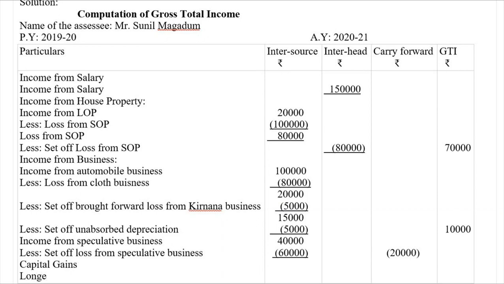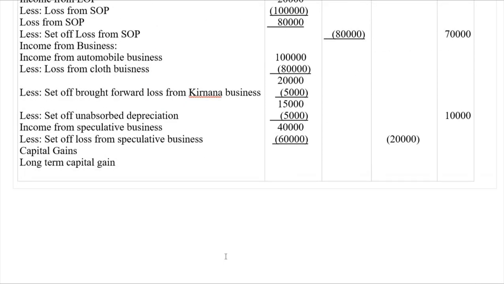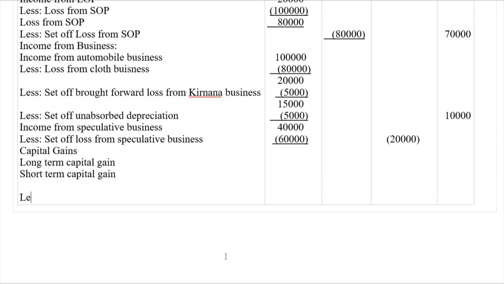So long-term capital gain, and to this we can add short-term capital gain less set off of short-term capital loss.